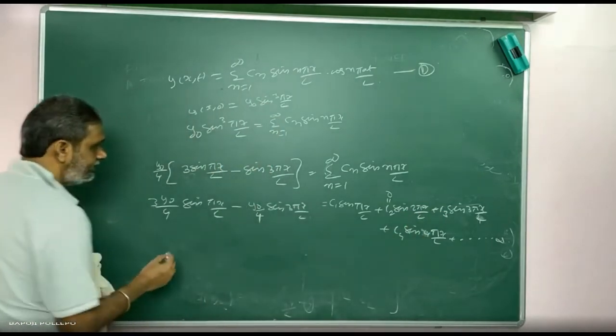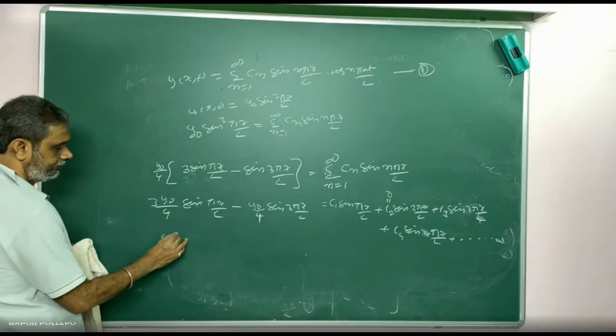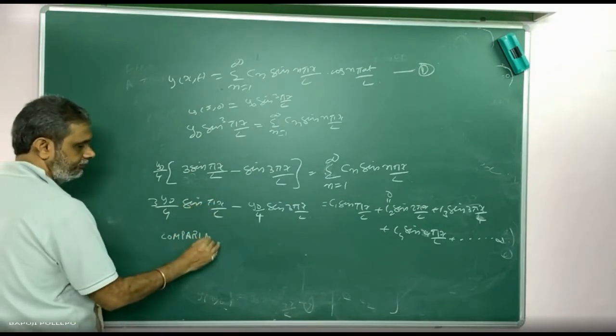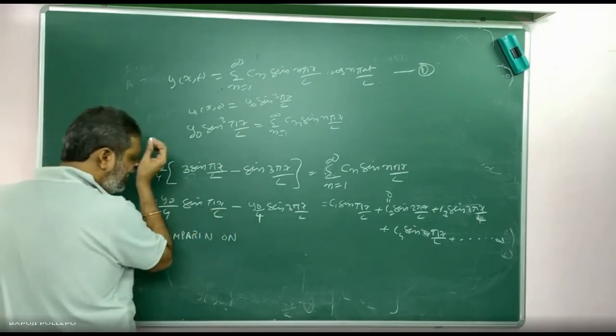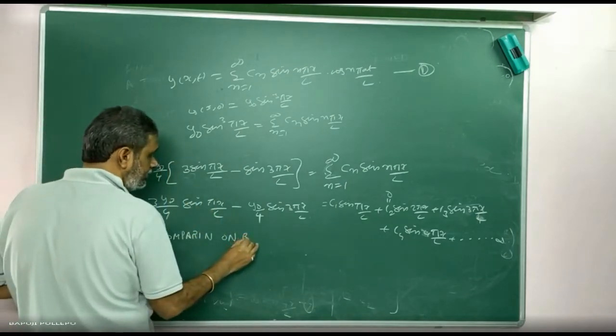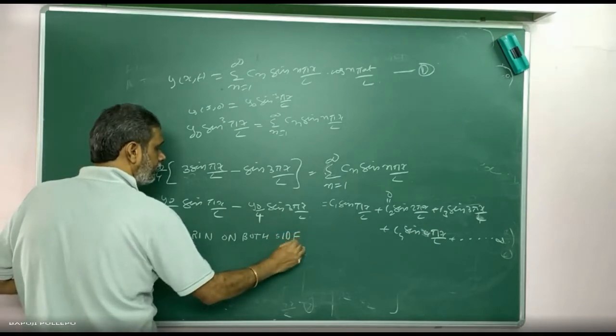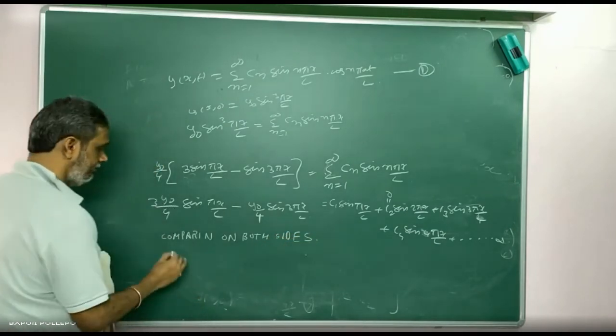From this, what do you understand? Comparing, because both sides are equal, you do not need to do any Fourier series on both sides. What will you get? C1 is equal to what?